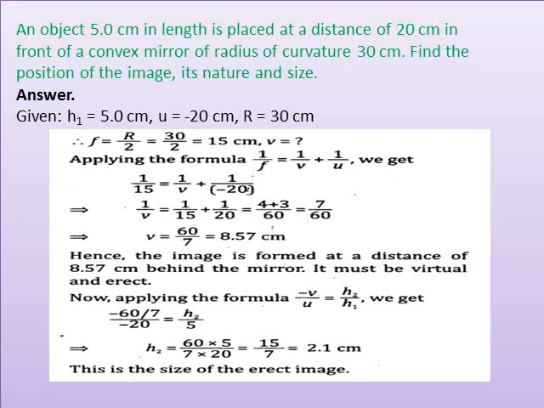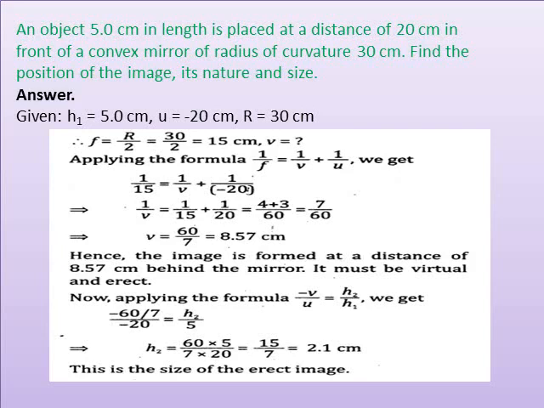The center of curvature lies on the non-reflecting side, therefore it is on the right side. Therefore R is taken as plus 30 centimeter. From the value of R, we can find the value of F. F is equal to R by 2, that means R is equal to 2F. So 30 divided by 2 will be 15 centimeter. Again it is plus, the focal length of the convex mirror is 15 centimeter.